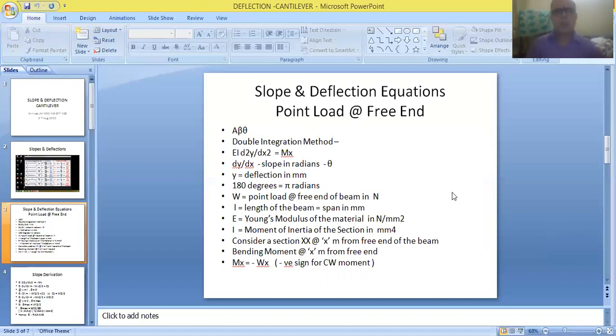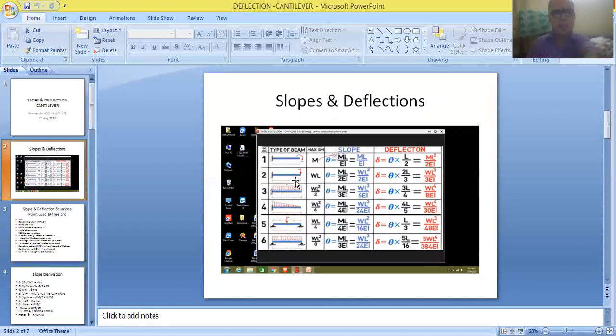So friends, now we are going to discuss slope and deflection equations for a point load acting at the free end of the cantilever. In this, you can refer to the second figure.